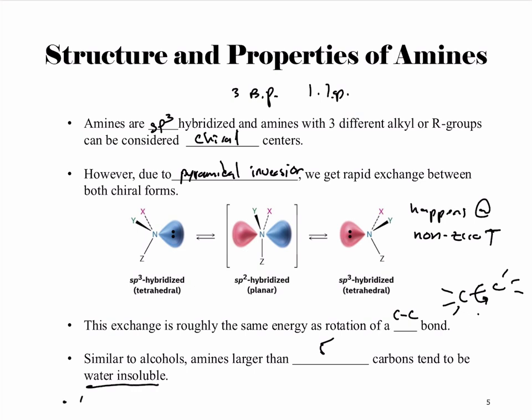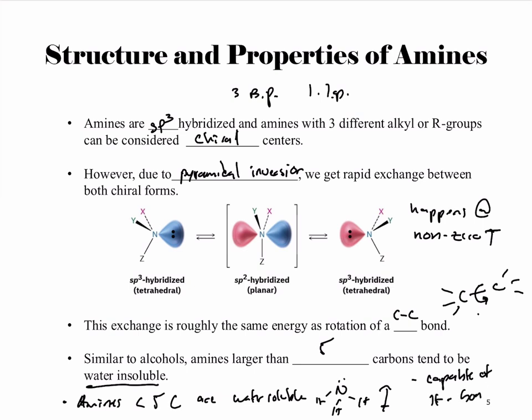Generally, amines less than 5 carbons are water soluble because they're polar. Right, so we think about just ammonia. We have a dipole moment there, so they're polar, and they're capable of hydrogen bonding with water.